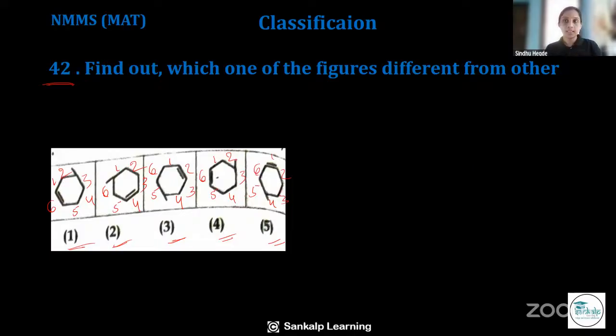But the difference is that all the structures contain one single straight line inside or outside. Look here. Image 1 contains one straight line inside. Image 2 also contains one line inside. Image 3 also contains one straight line inside.